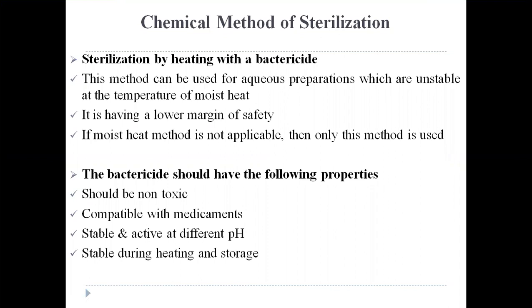As we know, under chemical methods of sterilization, there are two different techniques employed. One is sterilization by heating with a bactericide, and the other one is gaseous sterilization. Today, we are going to discuss sterilization by heating with a bactericide.